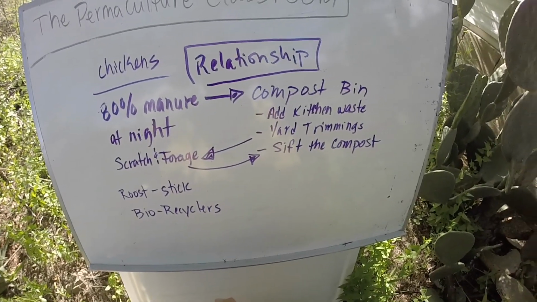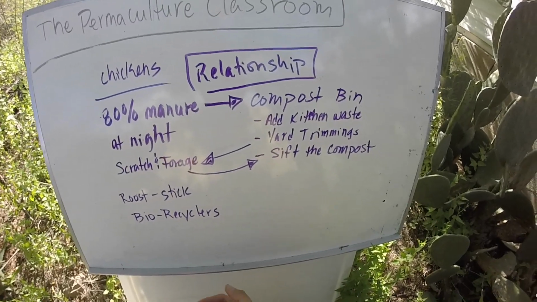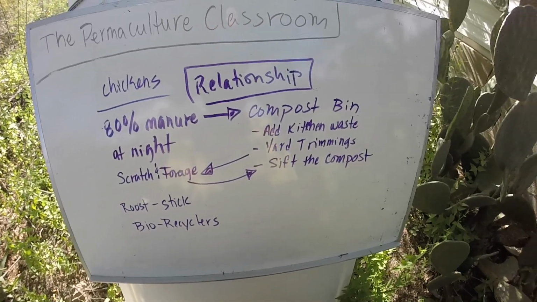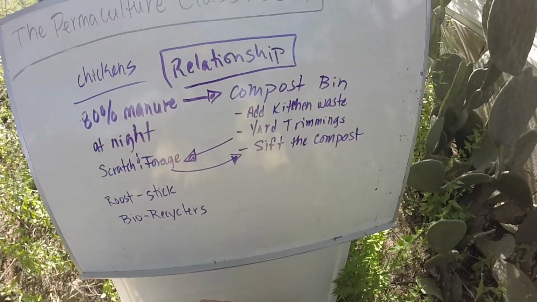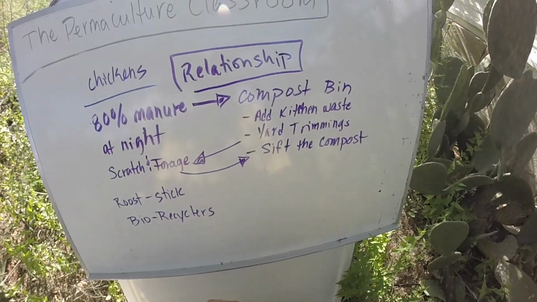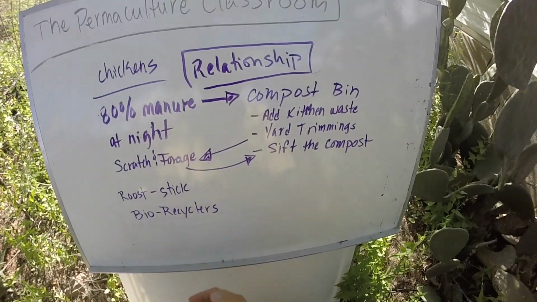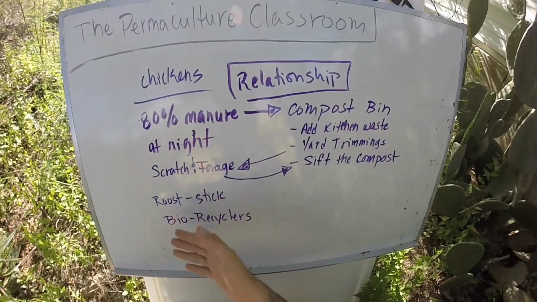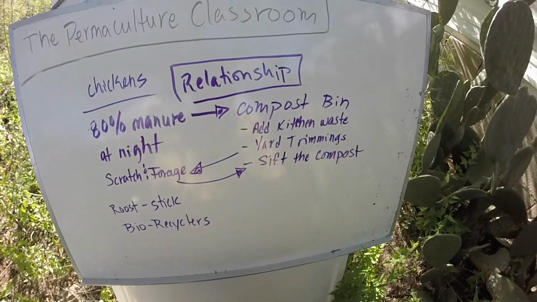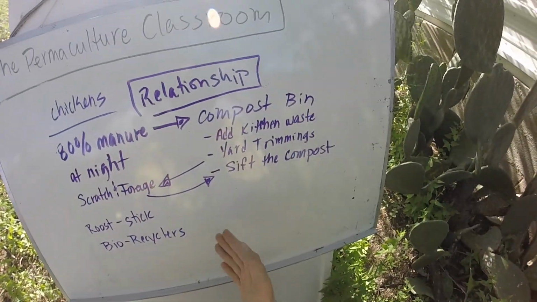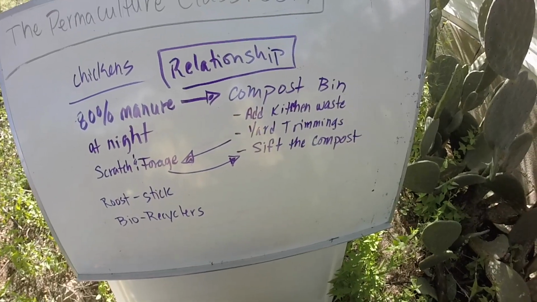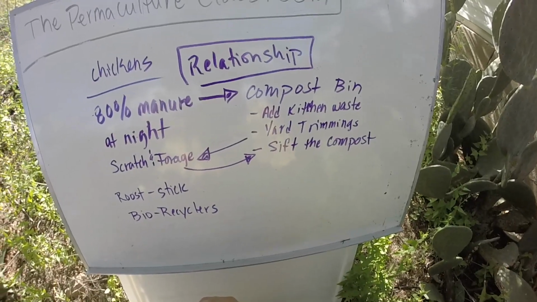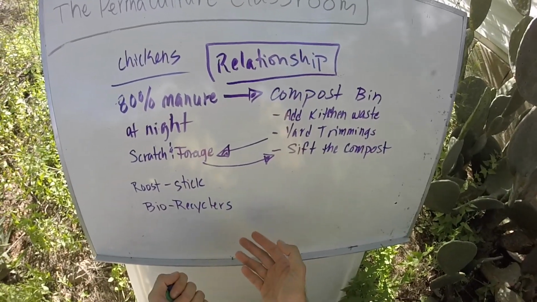So it's super, super critical to think about these things and to place things in relationship to each other so that you're creating less work for yourself. Why can't we have a relationship with chickens in this manner where they're doing most of the work? Because it's an innate behavior. They have these innate needs, these innate outputs that we can think about and design for and create a very nice system that requires very minimal labor from our part.